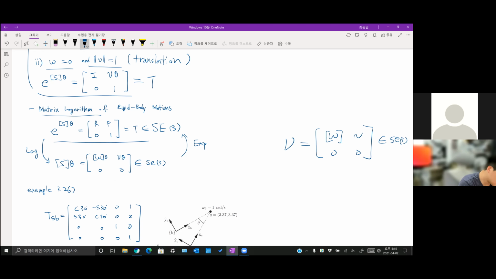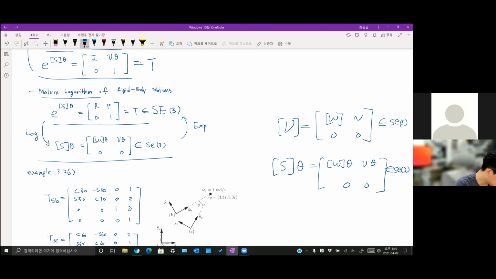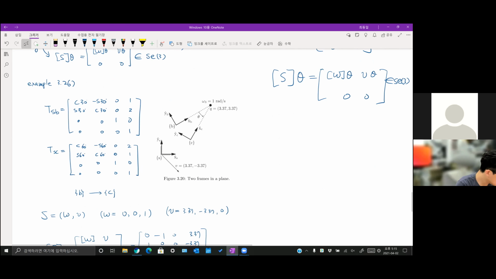But if we use the screw, the size of the screw is 1, so we multiply by the magnitude theta. In this case, we can represent it like this. So this is also the small se3 form. So let's think about example 3.26.